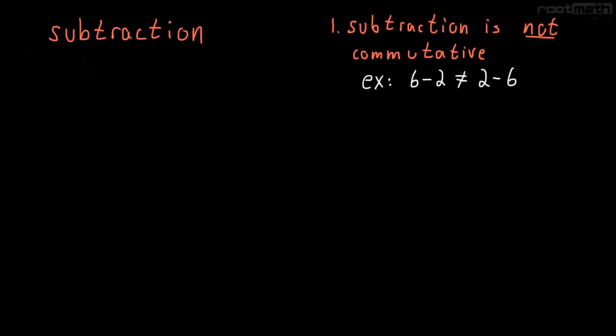There's other things wrong with subtraction. For instance, subtraction is not associative. An example of that would be (9 minus 4) minus 1 is not equal to 9 minus (4 minus 1).